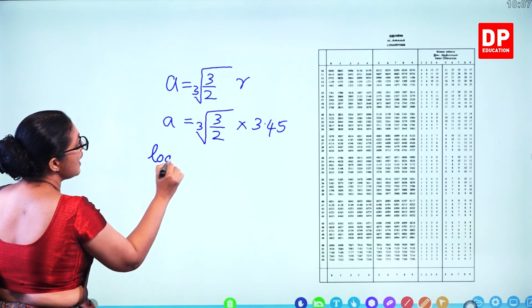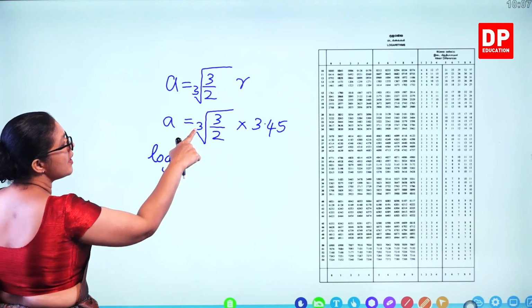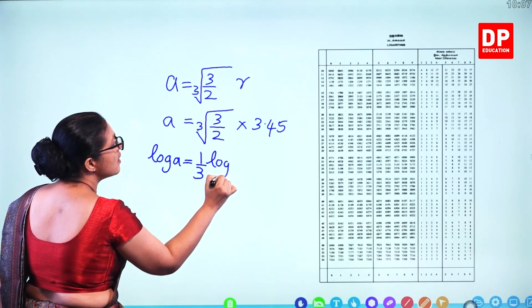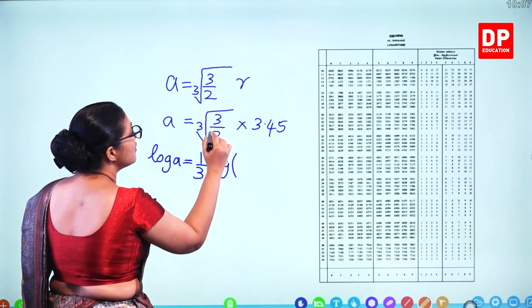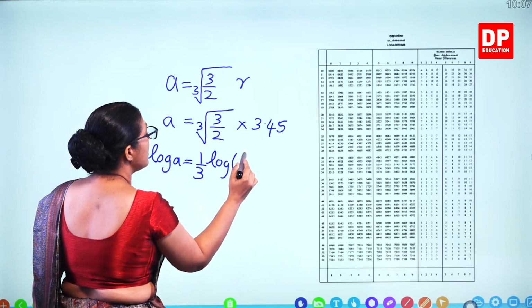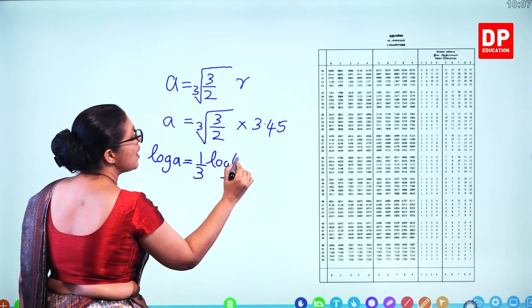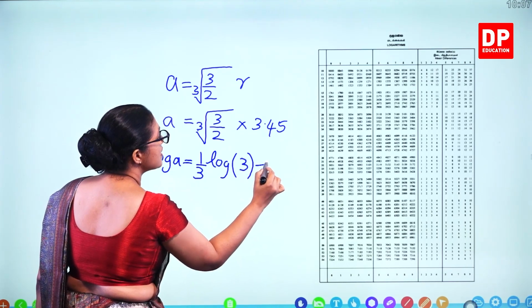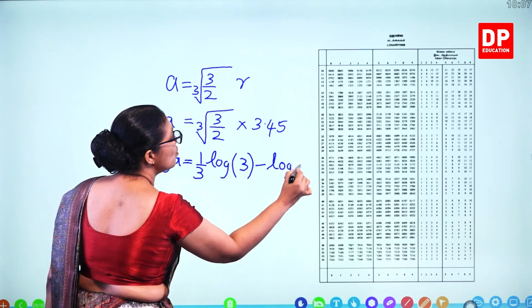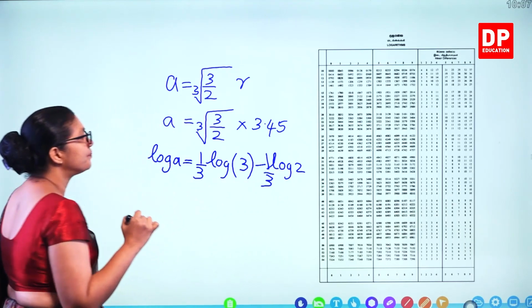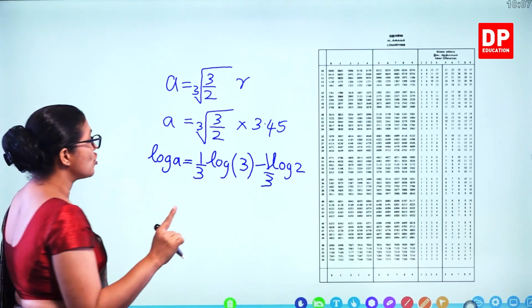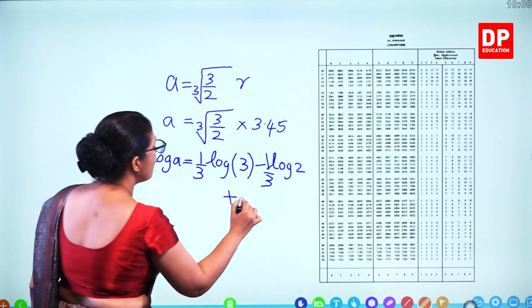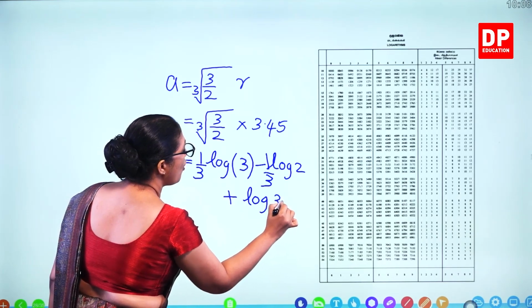Log of a equals, here cube root means 1/3, 1/3 of log here 3 over 2, which means log 3 minus log 2. That's also 1/3. And then multiplication becomes addition. Addition of this, so log of 3.45.